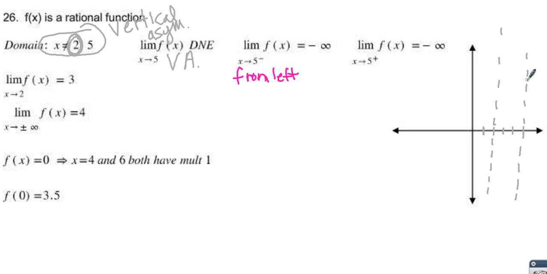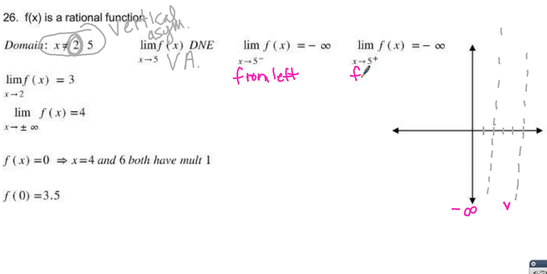Here is your asymptote. We're talking about the graph as it moves from left to right towards the number 5. So when it says that as x goes towards 5 from the left, it goes to negative infinity, that means that the graph is going to go down here at this asymptote.